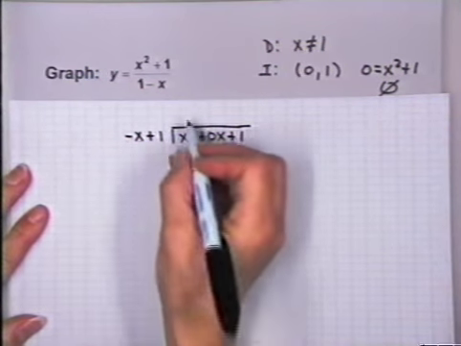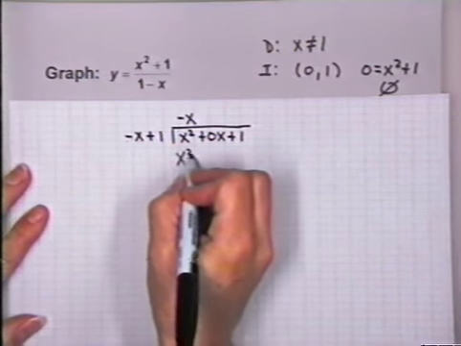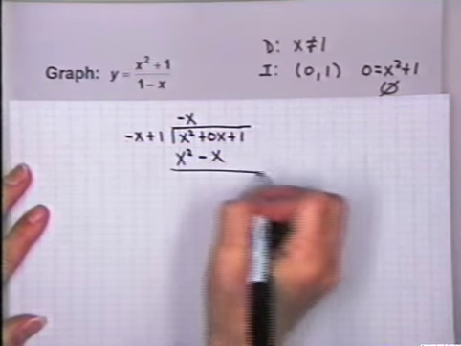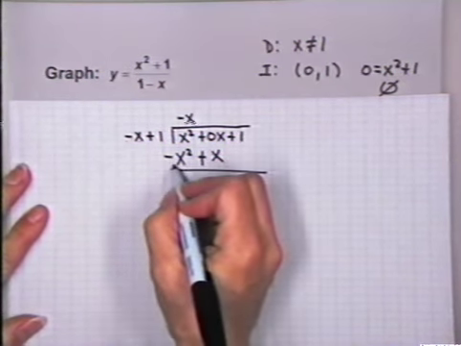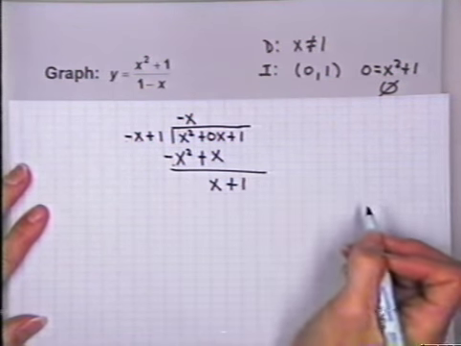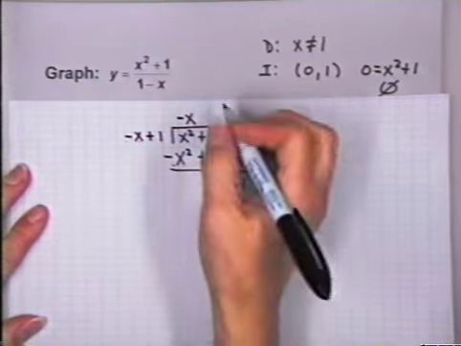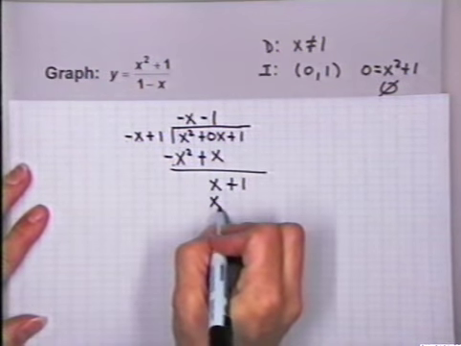Negative x into x squared will go negative x. Multiplying, I get a positive x squared minus x. Subtract, so we'll change our signs. Those drop. 0 plus 1 is 1x. Bring down the plus 1. Negative x into x will go negative 1. Minus 1 times minus x is x.